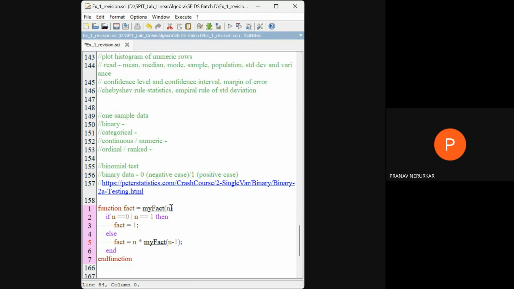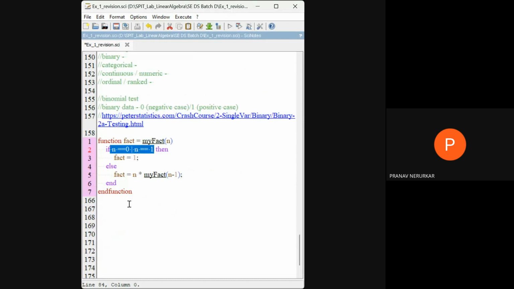In this function, using recursion, factorial is calculated. We call the function for n and we recursively call it for n minus 1 till n is 0 and 1. Of course this can be implemented with the use of loops, which is also straightforward because factorial is simply from n to 1. We have to keep on looping and multiplying.